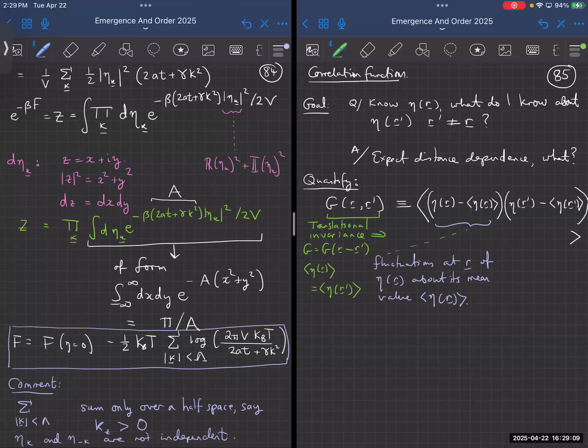So this thing here is a fluctuation. And so what we're measuring with the G of r, I can think of this as being the expectation value in thermal equilibrium of the fluctuation at r and the fluctuation at r prime. So remember, when people talk about correlation functions, they forget that what we're talking about is not just the correlations of what?